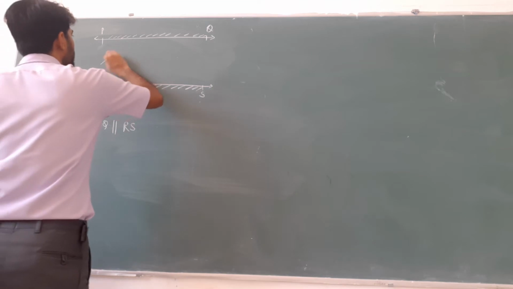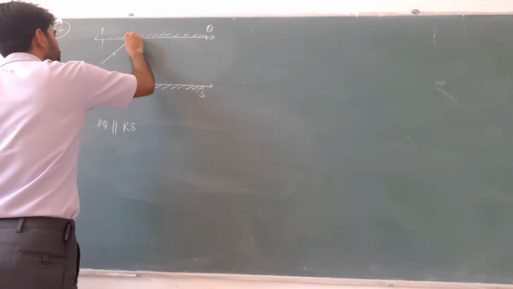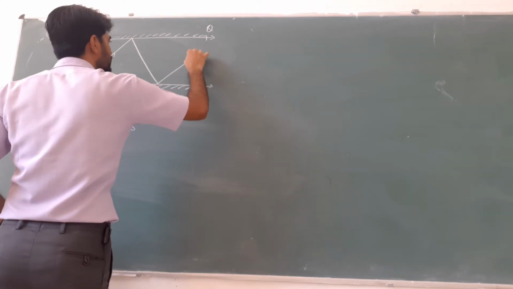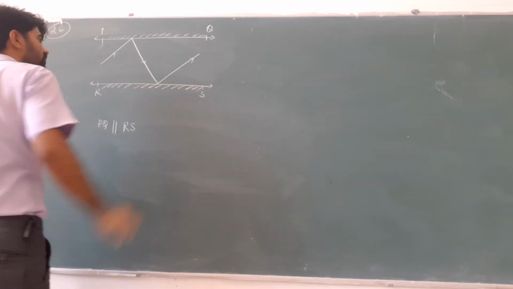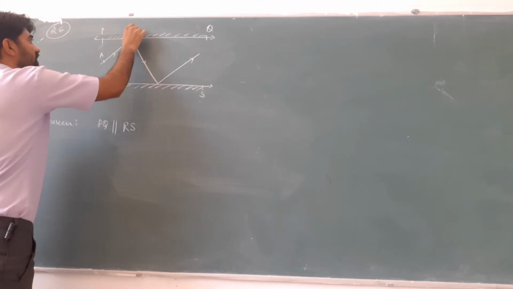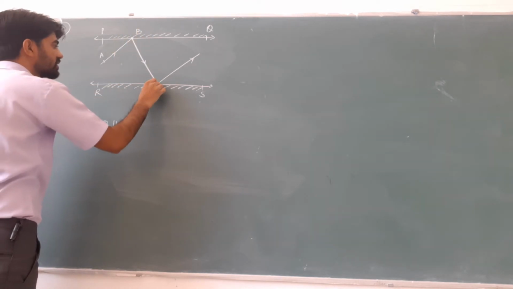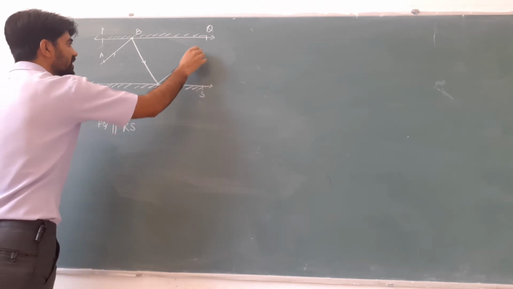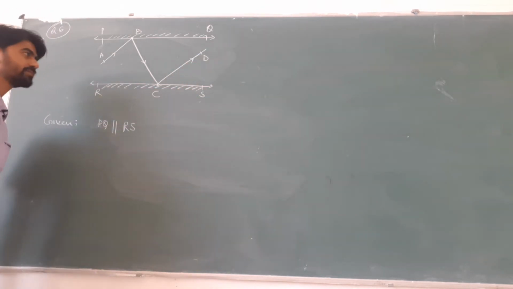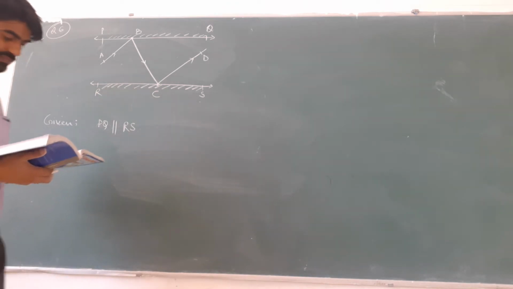So a ray is coming this way, getting reflected, moving this way and going this way. This is the path followed by the ray. So this is A striking it at B, then B striking here at C and goes in this direction along CD. Okay.